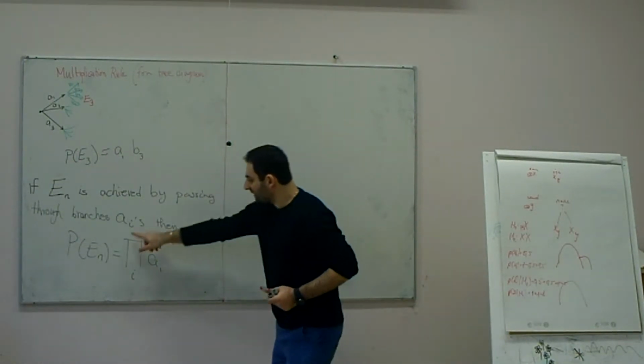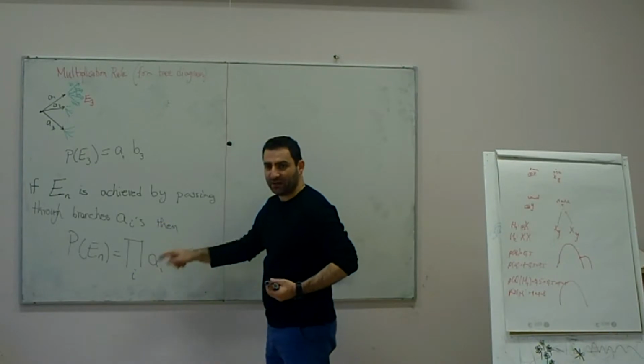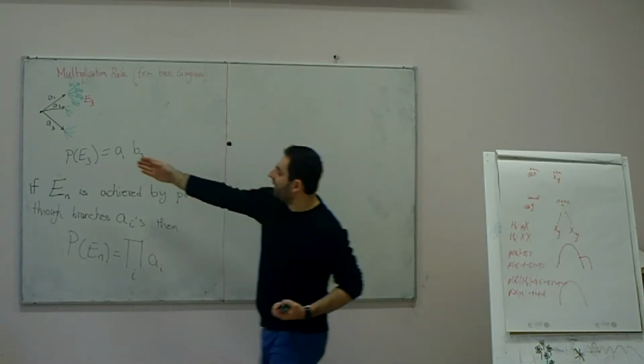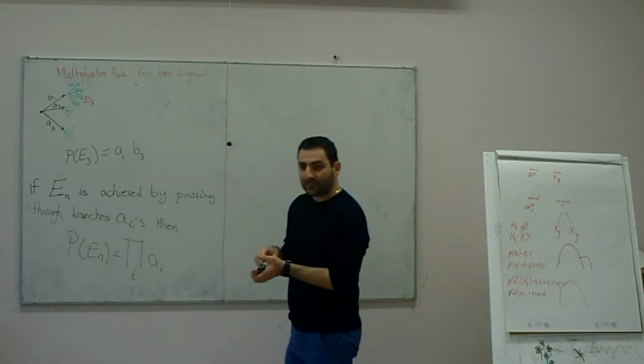This pi means multiplication. A1 multiplied by A2, or here A1 multiplied by B3.